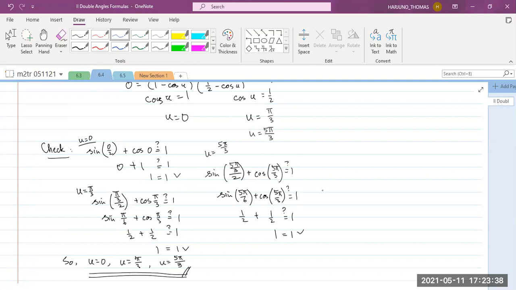Reference angle pi over 3. So that's 1/2. 5 pi over 3 divided by 2 is 5 pi over 6. That's quadrant 2. Sine in quadrant 2 is positive. So, yeah, I see that's correct.